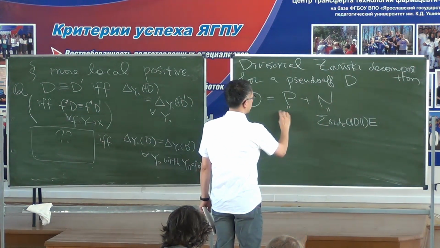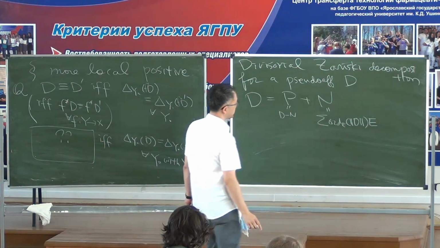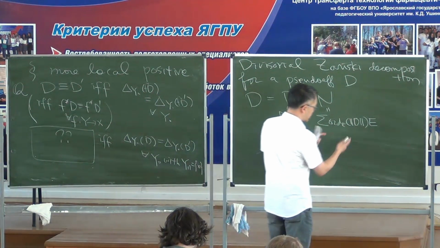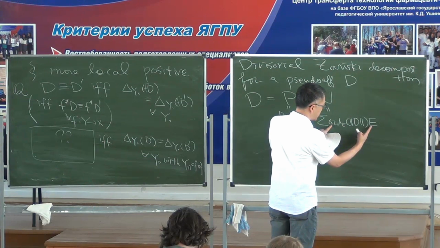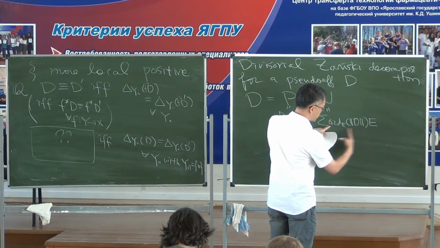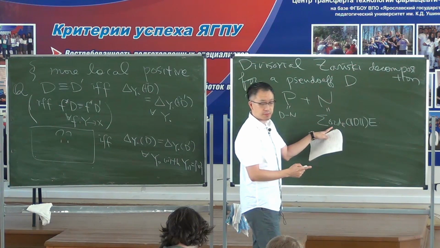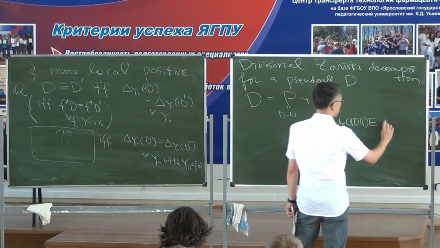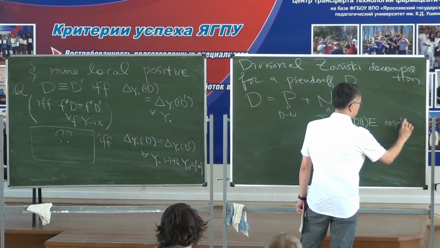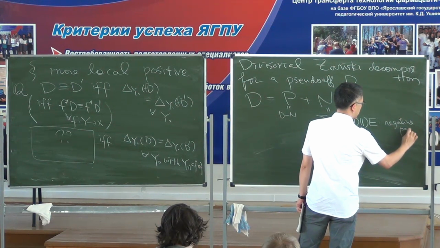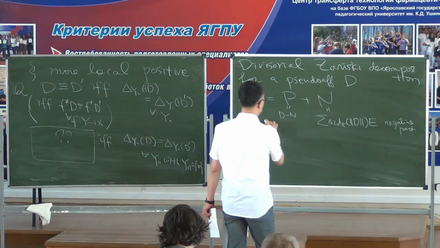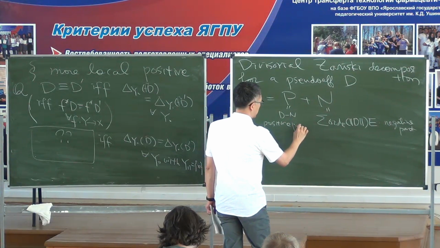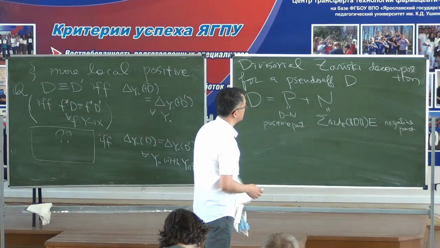And this is just D minus N. And I explained that there are only finitely many prime divisors whose asymptotic order is positive. So this is a well-defined divisor. And this is called the negative part. And this is called the positive part.